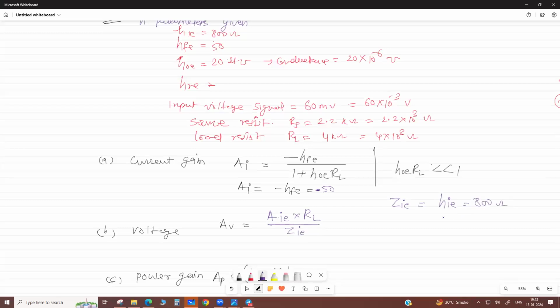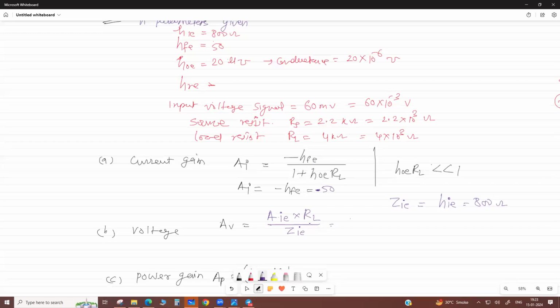E stands for common emitter configuration, so please do not confuse here. The H parameter HFE means common emitter configuration. If it is common base or common collector, then it is different.